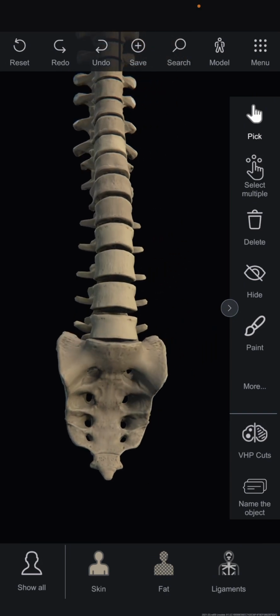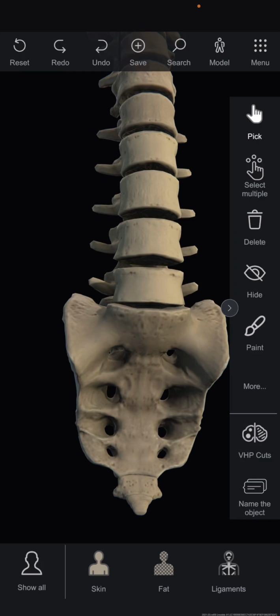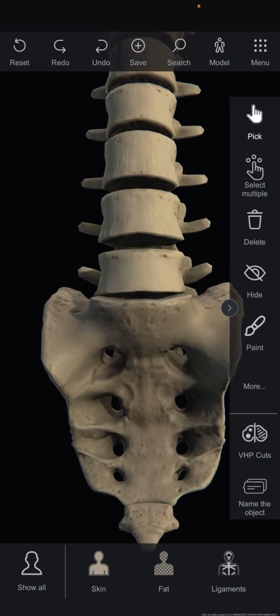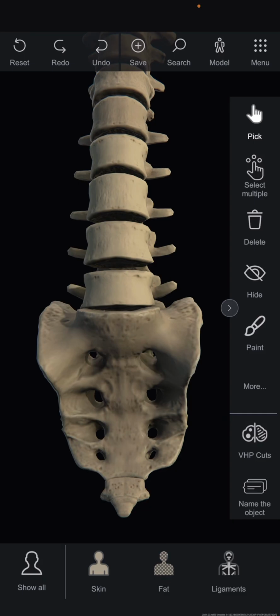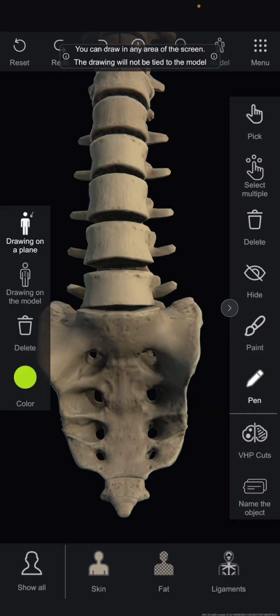Now we will talk about the formations on each surface of the sacrum bone. Starting from the anterior surface, first we have the articulating surface, the superior articulating process, which articulates with the inferior articulating process of the L5 vertebra.